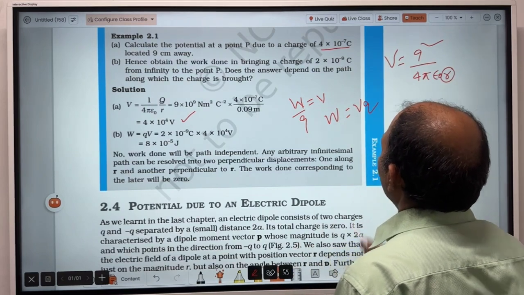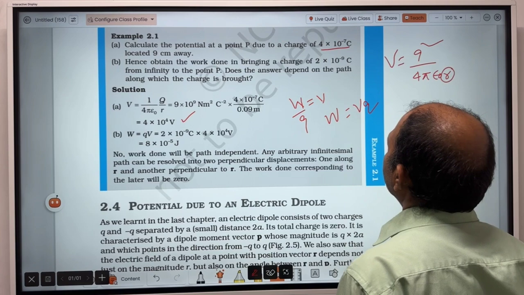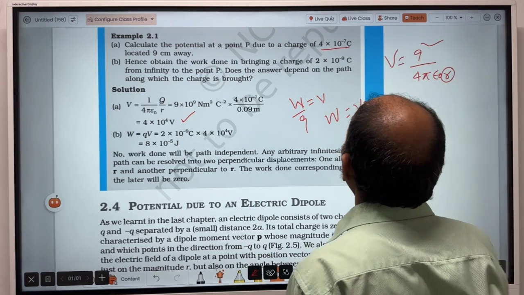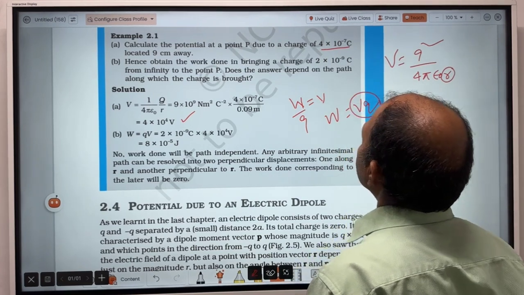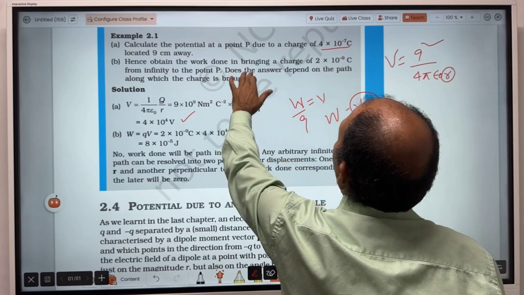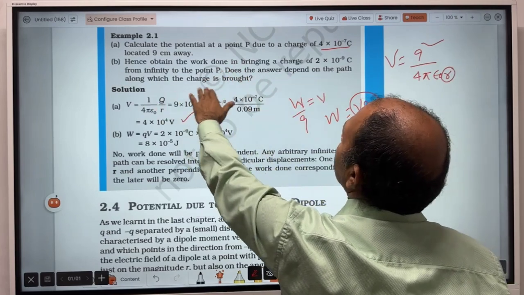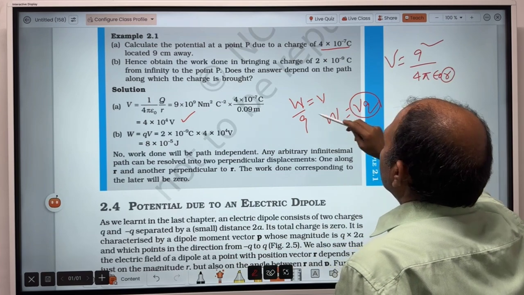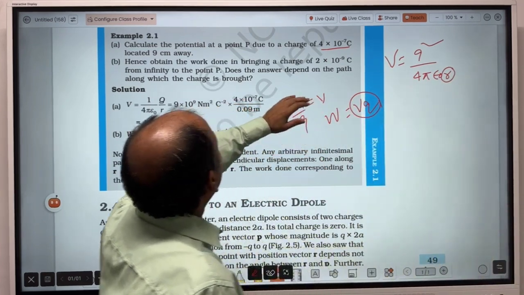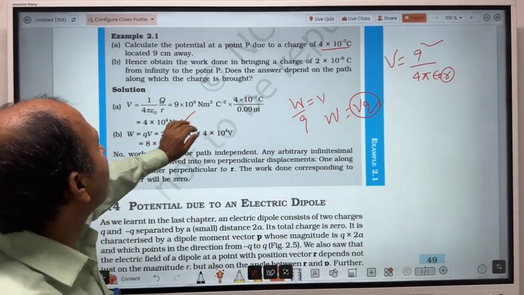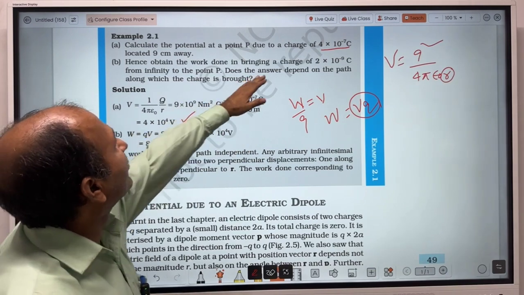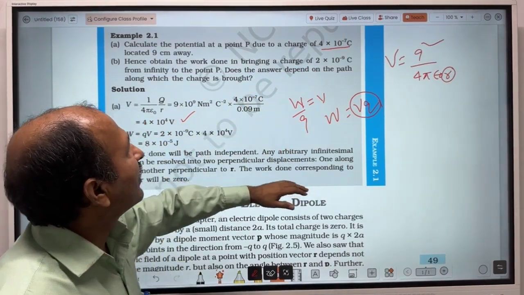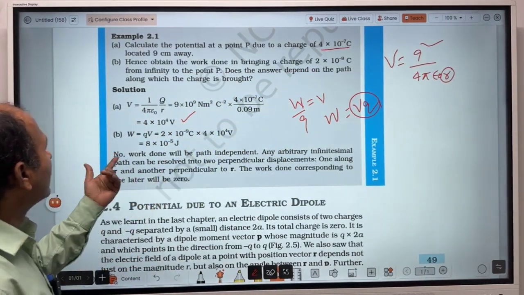What distance the charge has traveled to reach this point is not given. So the second part: does the answer depend on the path along which the charge is brought? No, not at all. To calculate work done, you have got the potential and the charge is given, just multiply and you will get the answer.